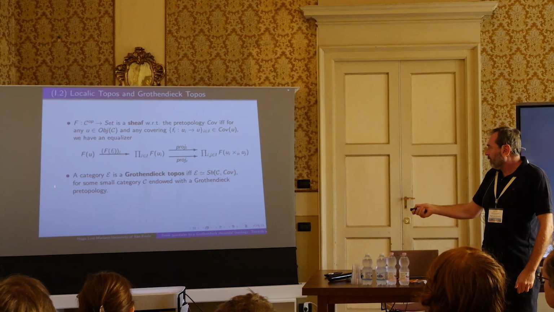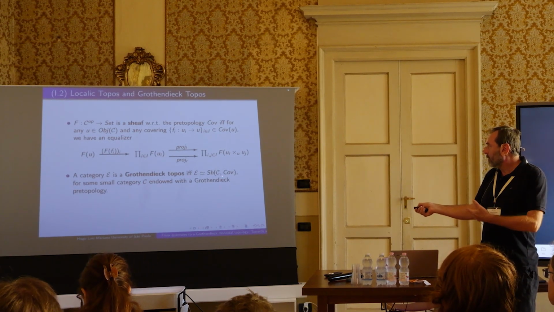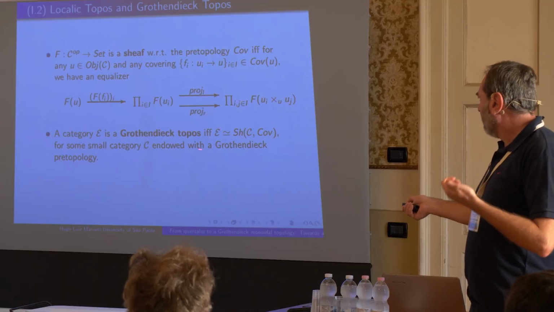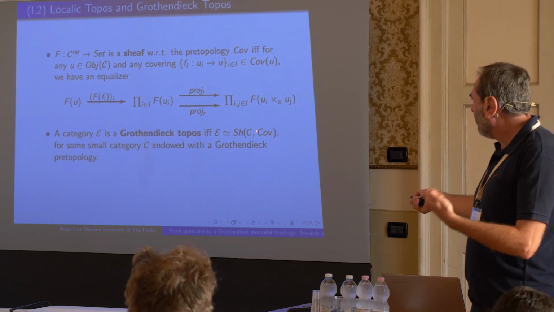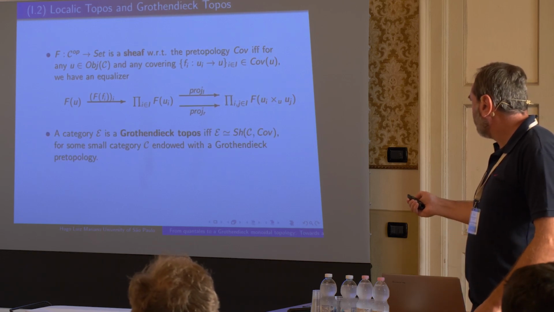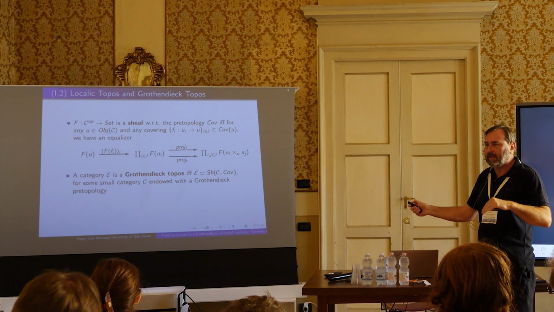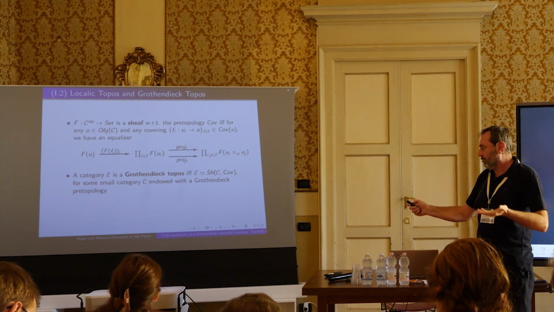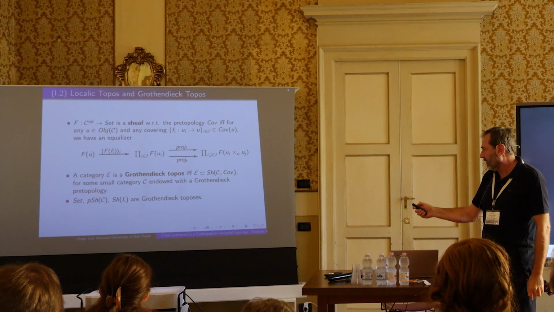And without loss of generality, a Grothendieck topos can be written in this way, assuming that the small category has finite limits, and we put there a pre-topology. Of course, each pre-topology determines a topology, consider the sieves that contain some covering. And this gives the same notion, the same category.